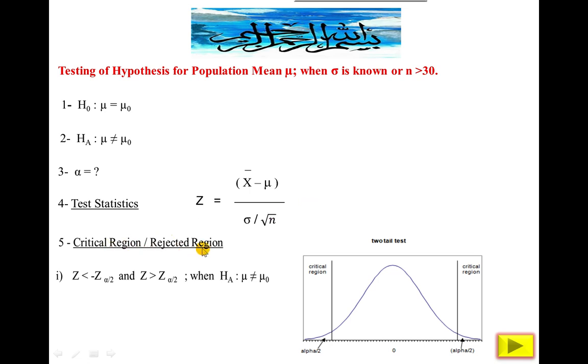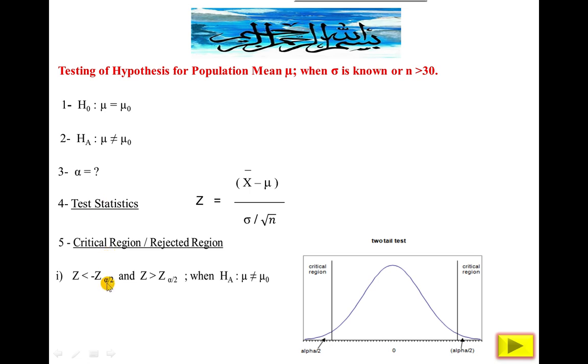Fifth step, critical region, same as previous, but instead of t we use the notation z. This z represents the calculated value, and z alpha represents the table value or expected result, which we obtain from the normal distribution table with the help of alpha. Alpha is the probability of error.